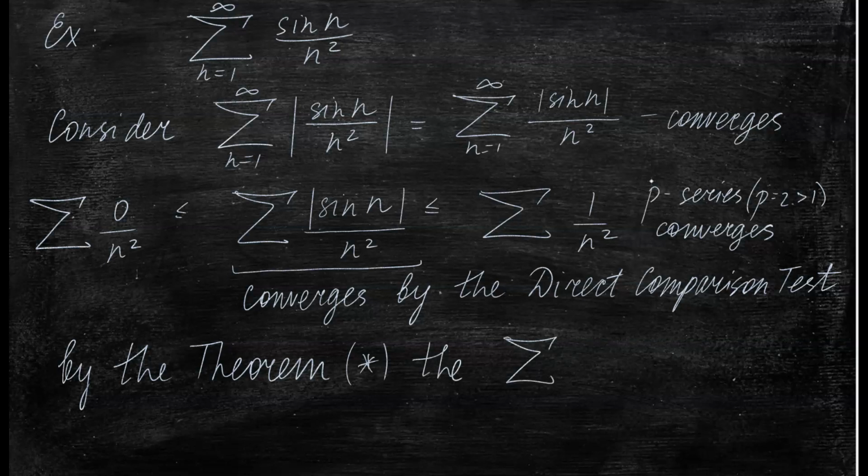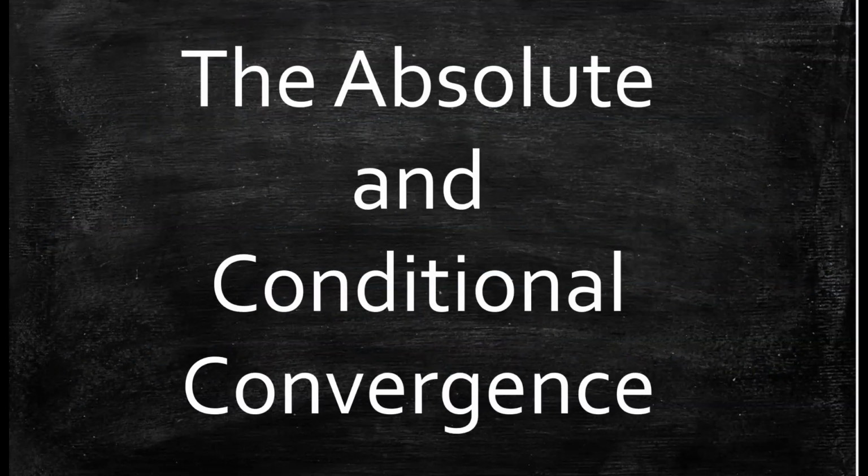But remember, the original series was exactly this. So we found a way to prove that this series that puzzled us in the previous lesson actually converges. And in order for us to do that, we had to introduce the idea of an alternating series and the idea of the absolute and conditional convergence.